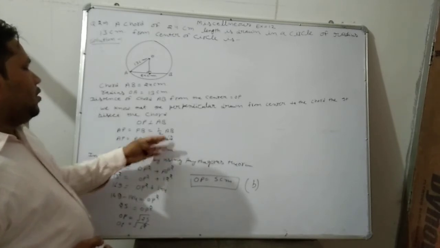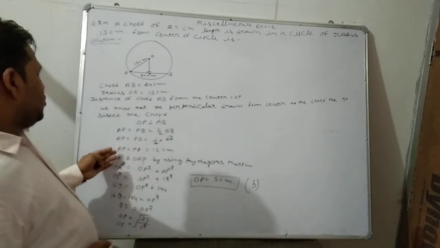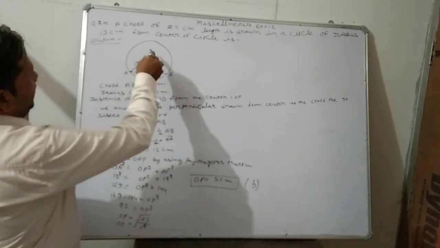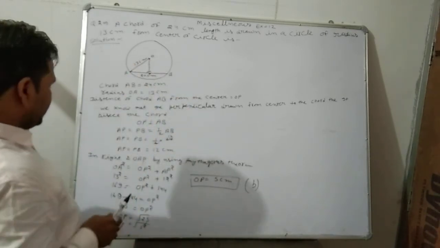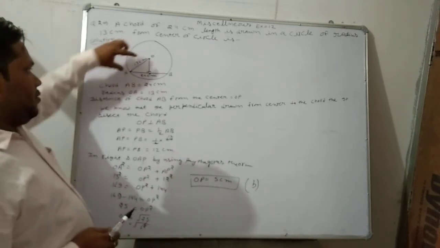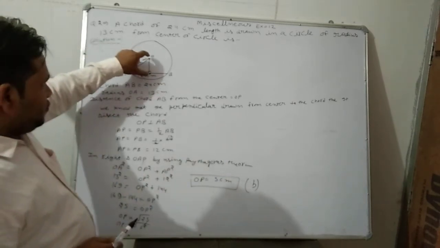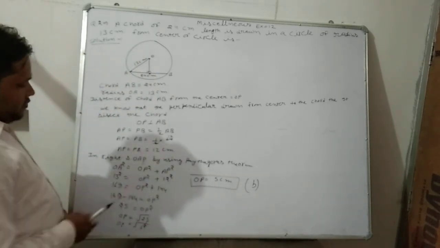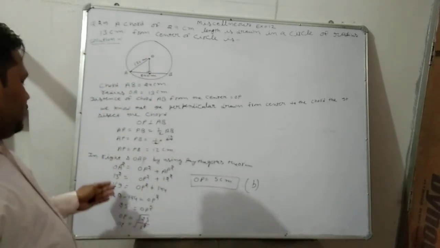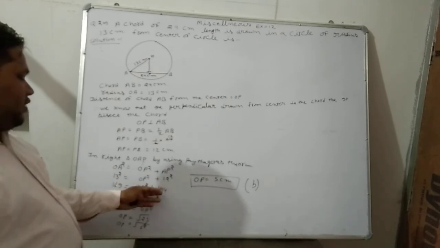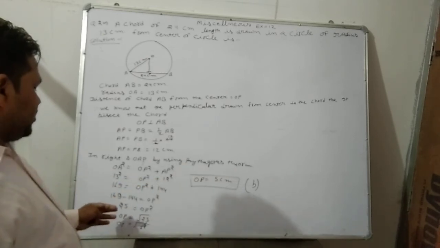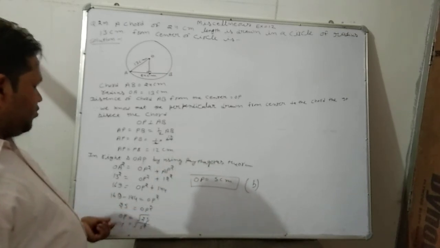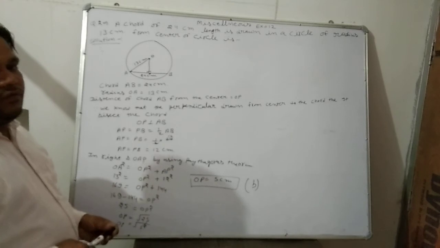The value of AB is 24, so AP is equal to PB is equal to 12 cm. In right angle triangle, OA square is equal to OP square plus AP square, where OA is the hypotenuse. Put the value of all sides: 169, 144. By transformation, 169 minus 144 is equal to 25. OP square is equal to 25, so OP is equal to 5 cm. Clear?